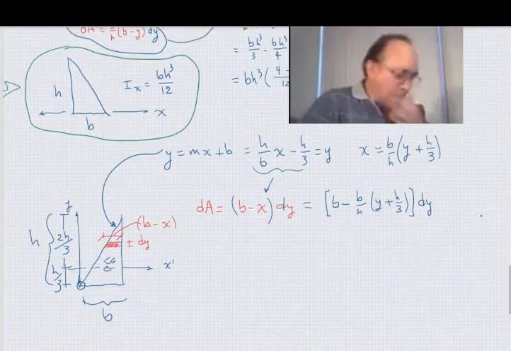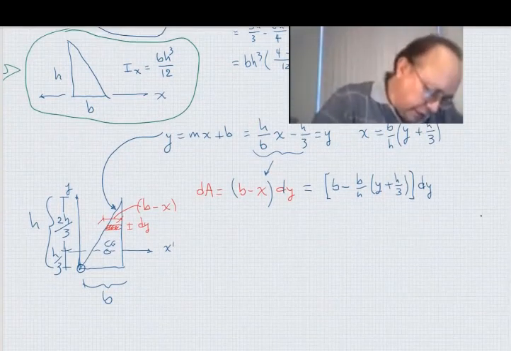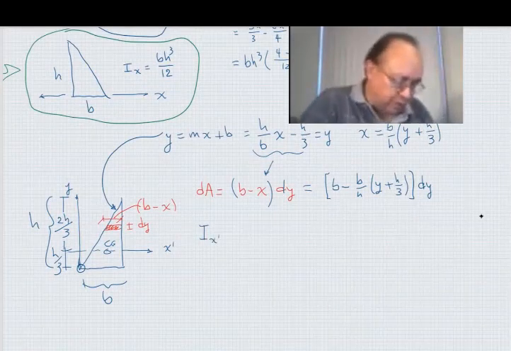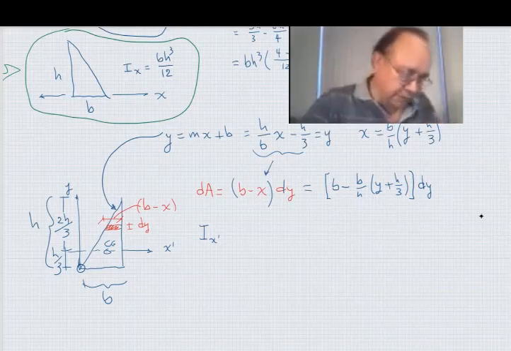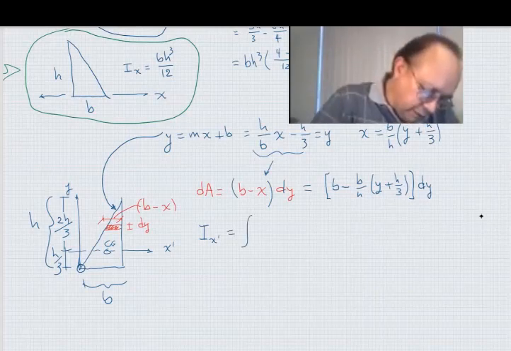Now we need to do the integral. We want the Ix prime. This means moment of inertia about an axis that goes through the center of gravity and is parallel to the base of the triangle. Integral of y squared dA.